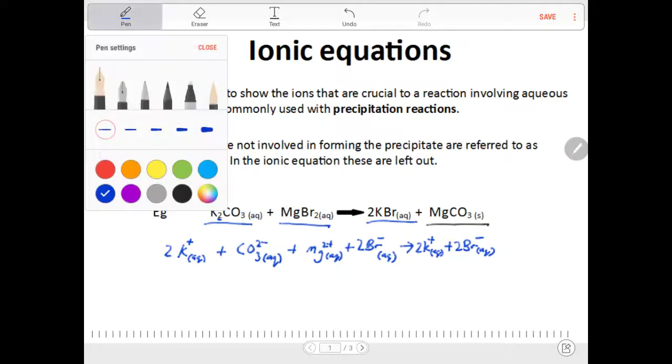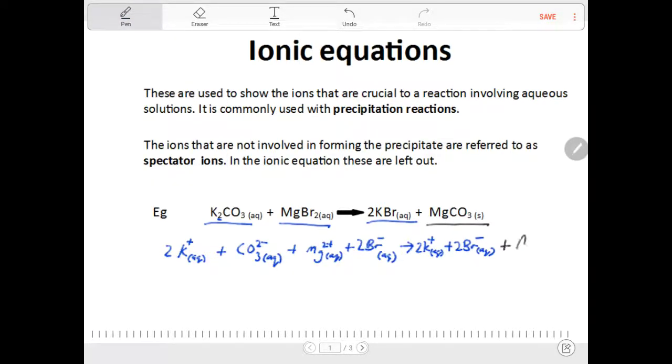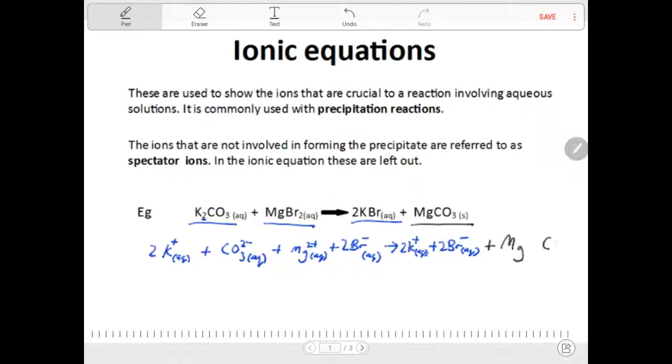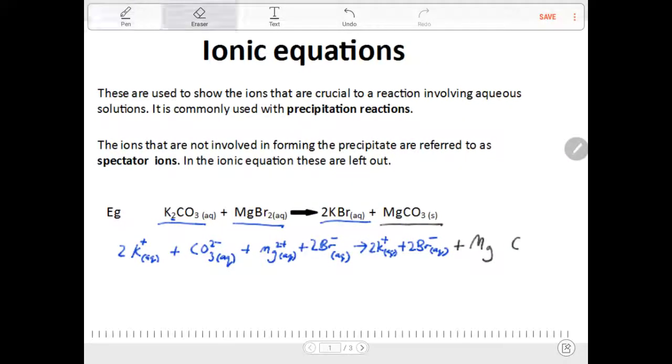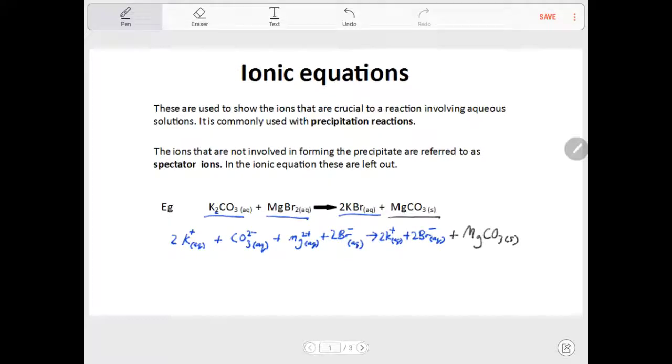But now we come to the magnesium carbonate, and that's a solid, so we write that as magnesium carbonate. Okay, so this is what we call the full ionic equation.